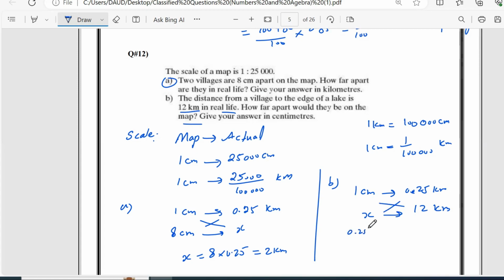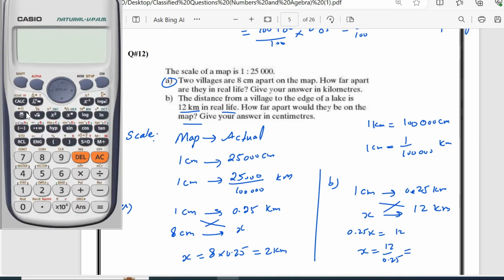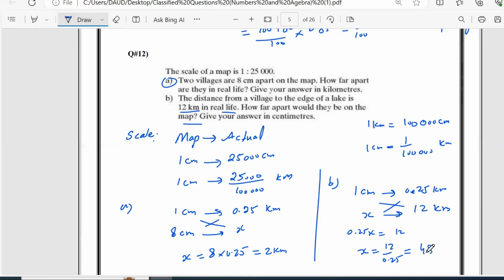So 0.25x is equal to 12, and x is equal to 12 over 0.25, which gives me 48. So 48 centimeters on the map.